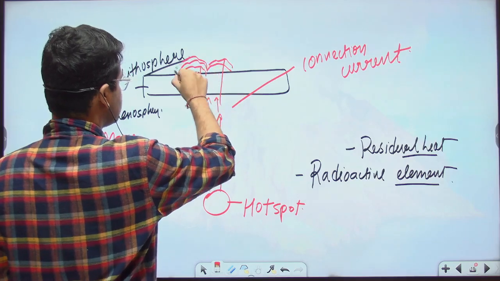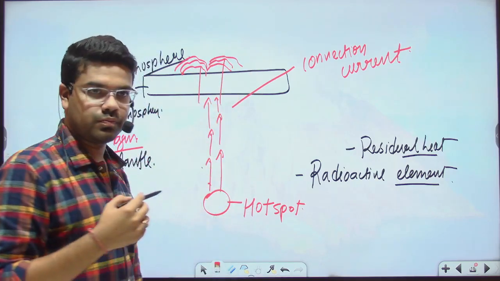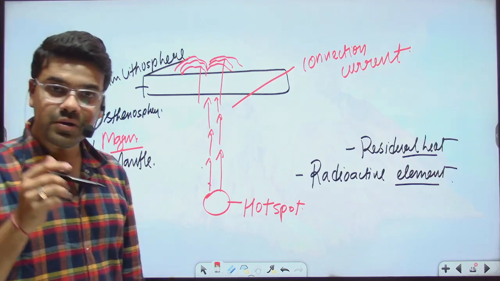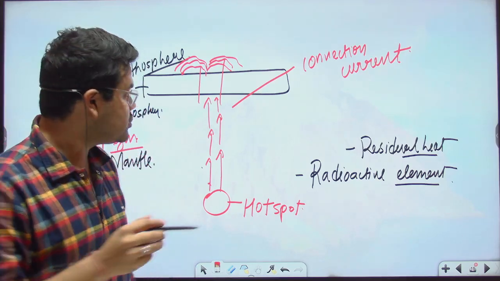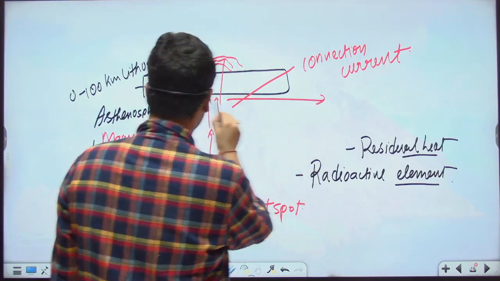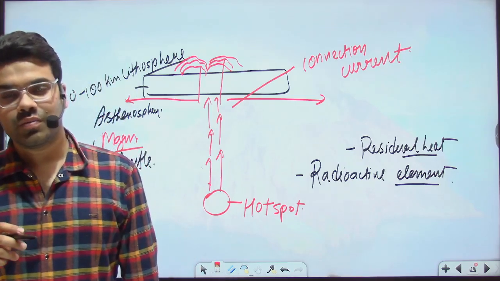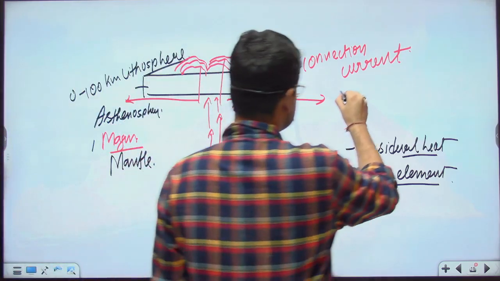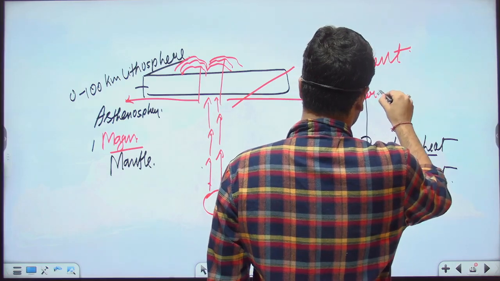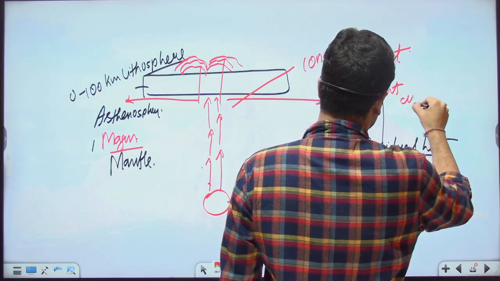Magma comes out of this part in the form of volcano, but the rest 80% of magma, the convection current, diverges beneath the lithosphere, and this divergence is said to be a divergent current.